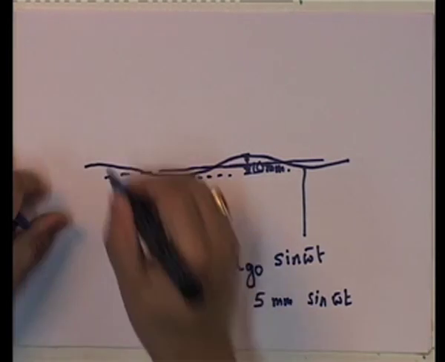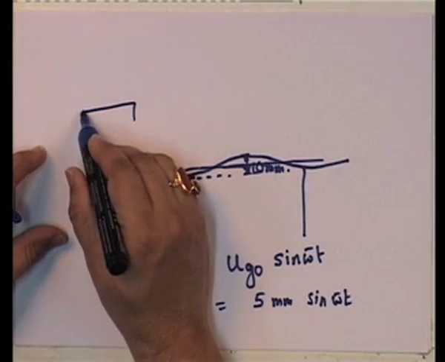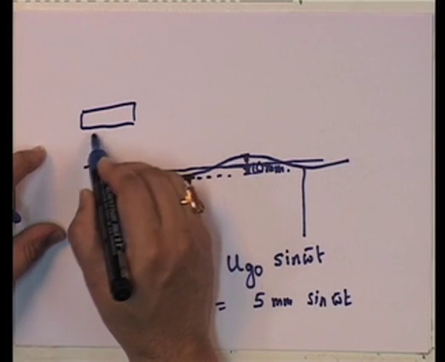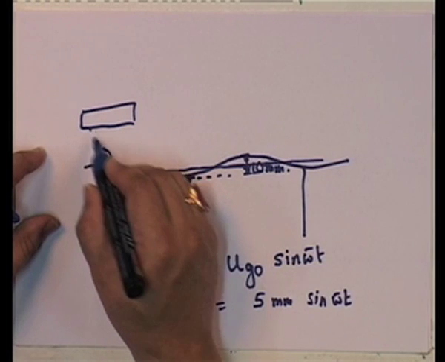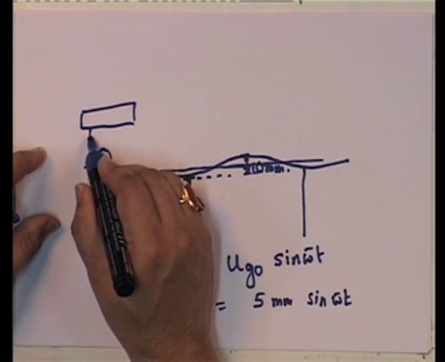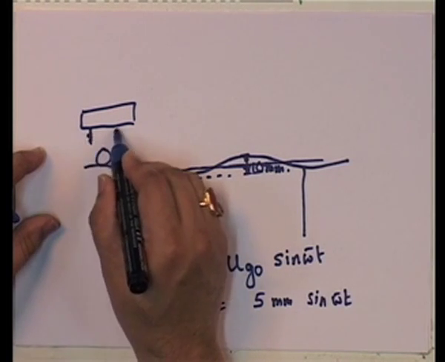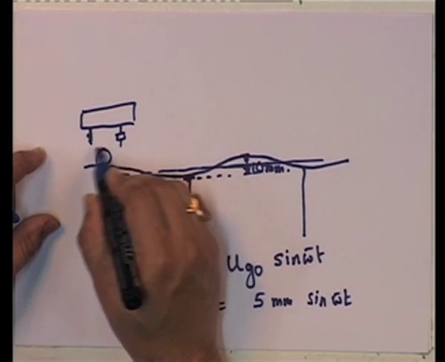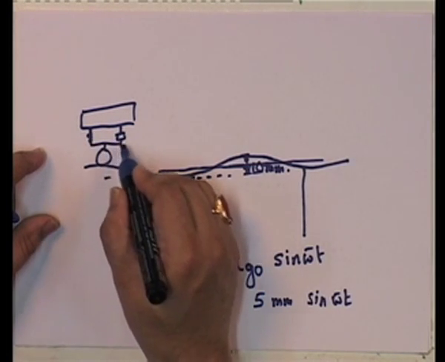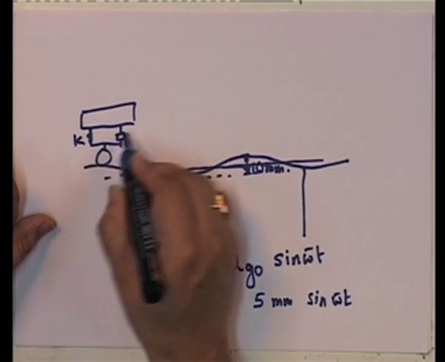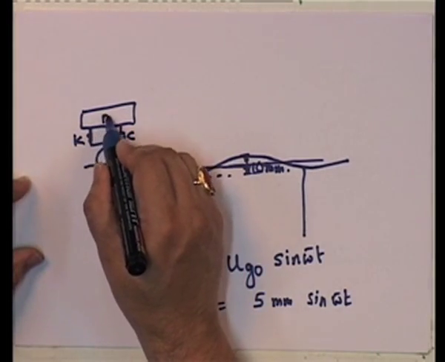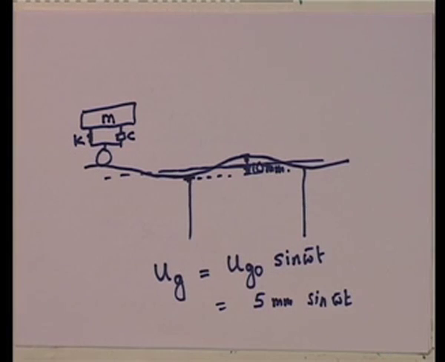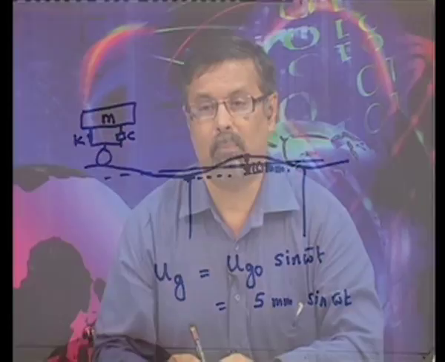And what I have is, I am sitting in a car, and for now let me just assume that it is one wheel, just to make it simple, and the shock absorber system has K and C, and the total mass of the vehicle and its occupants is given by m.